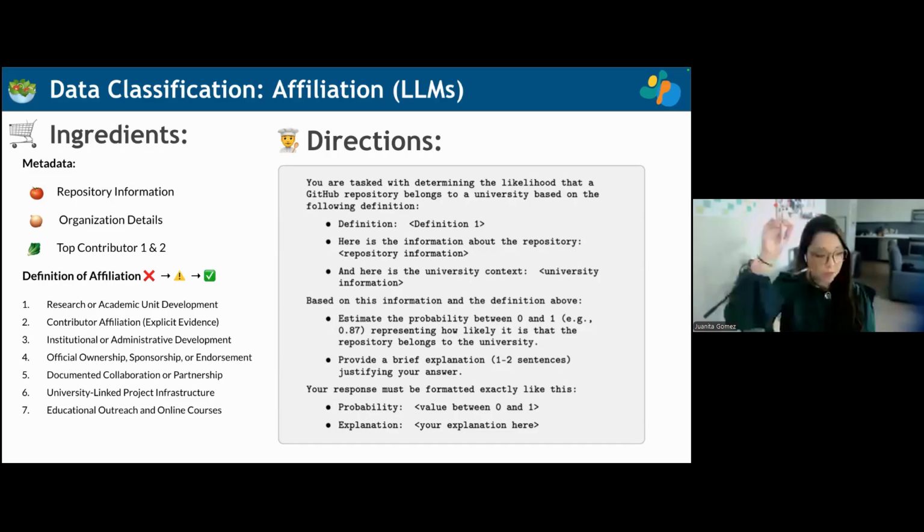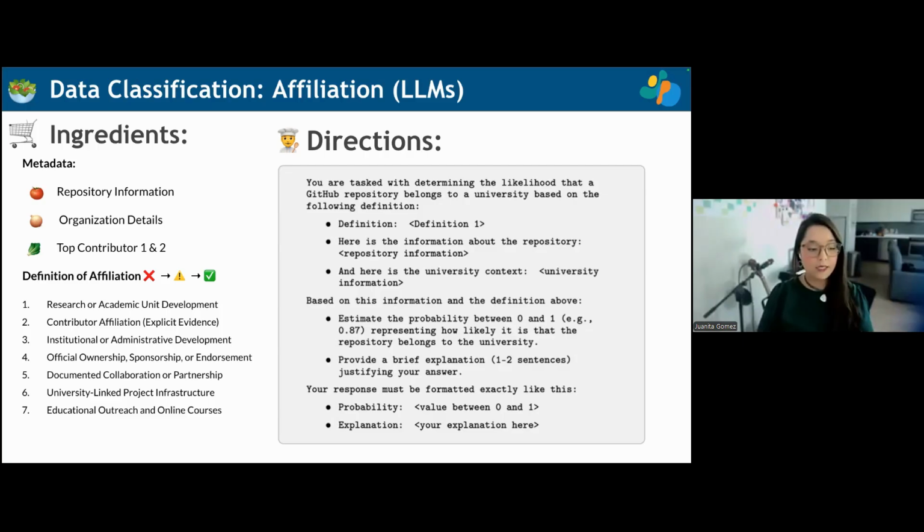I identified 7 different signals for affiliation. This is not actually the definition. The definition is much longer because for each of these different categories, I put some examples of signals so that the LLM can actually look for those in the repository.